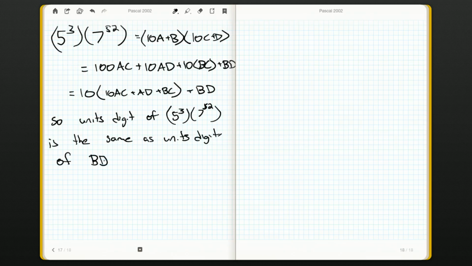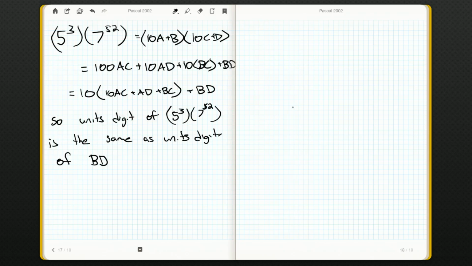Okay, so to figure out the units digit of this product, all we need to do is figure out the units digit of 5 to the 3 and the units digit of 7 to the 52 and multiply them together and see what's the units digit of that. Because everything else, all the other digits, none of them matter. They don't contribute to the units digit.